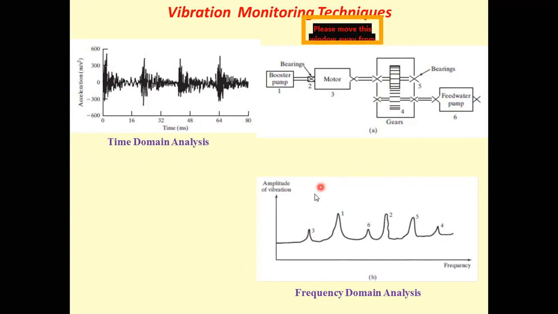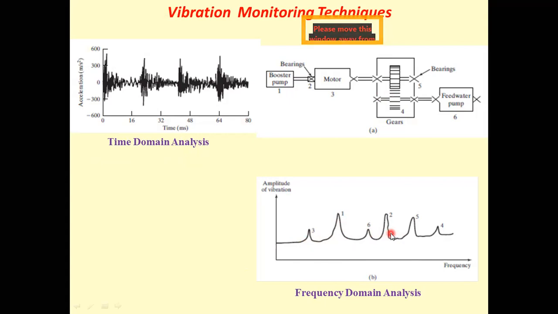So if that signature changes, then we can say there is a detection of failure of the component or machine. As the machine starts developing faults, its vibration level and hence the shape of the frequency spectrum changes.